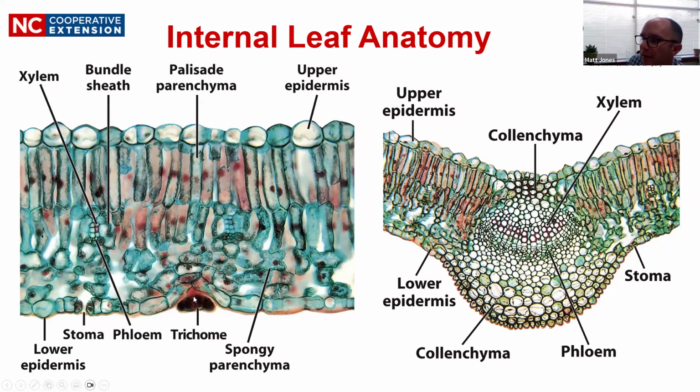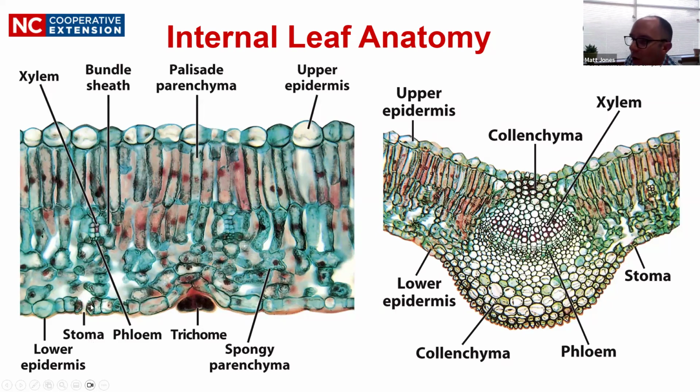On the underside of the leaf, there tends to be a higher concentration of stomata. So the whole structure is stomata, a single one is a stomate. And then here are the two guard cells. And that makes sense too, right? If the sun is hitting here, you want the holes where water could evaporate out to be less exposed. So they tend to be on the bottom of the leaf.